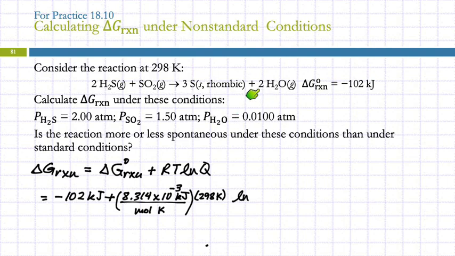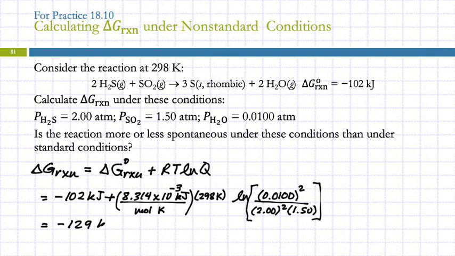It's the partial pressure of water squared, so 0.0100 squared divided by H2S squared, so that's 2, times SO2, which is 1.5. Negative 129 kilojoules per mole.